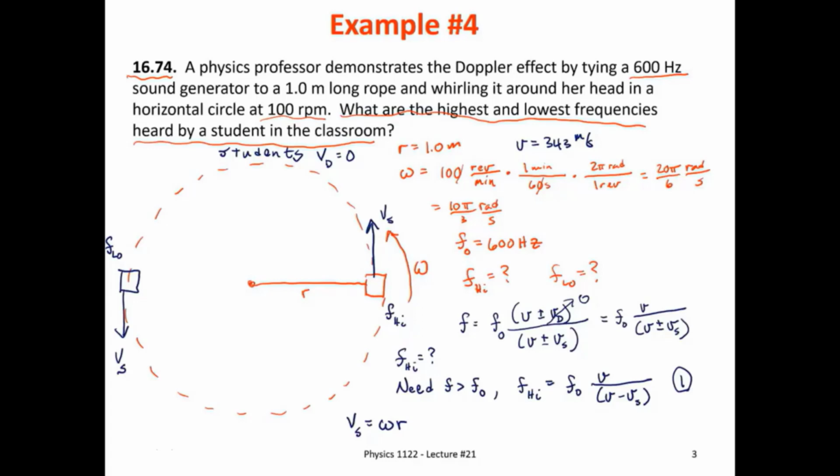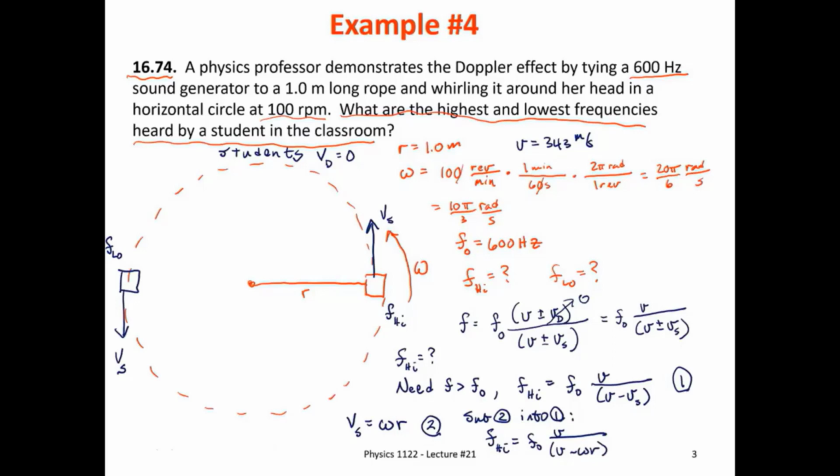And with this equation, I'll call it equation 2, we could substitute 2 into 1. So we'd have f high is equal to f naught v over v minus omega R. And then we could go about calculating.